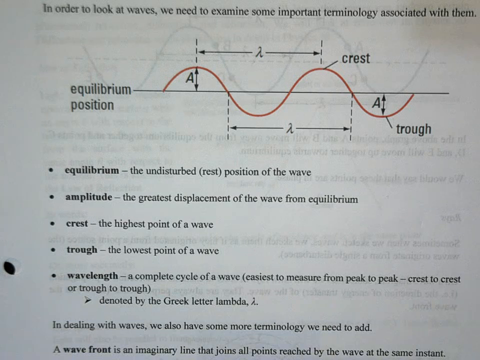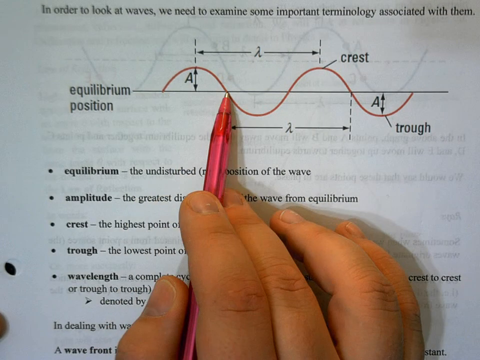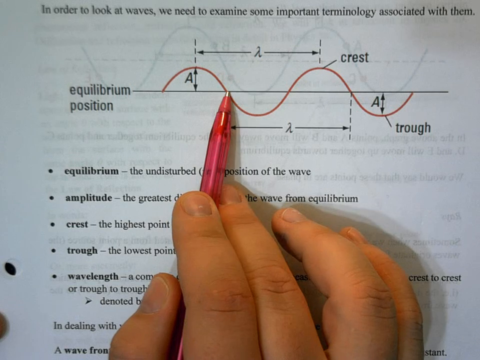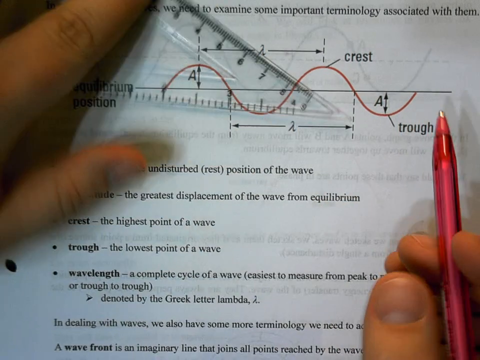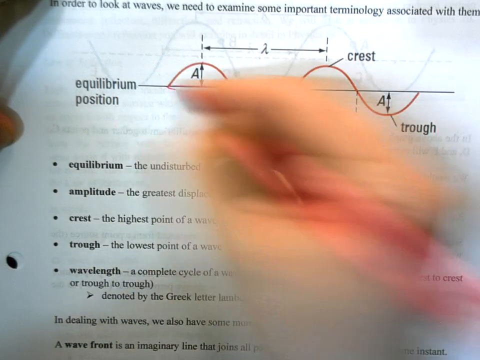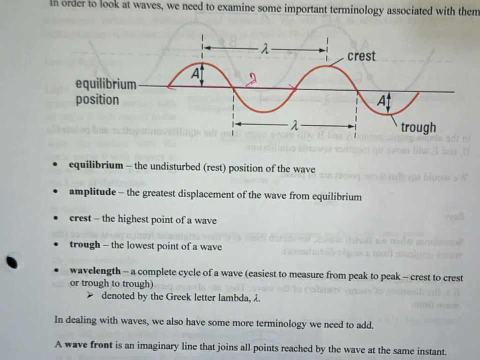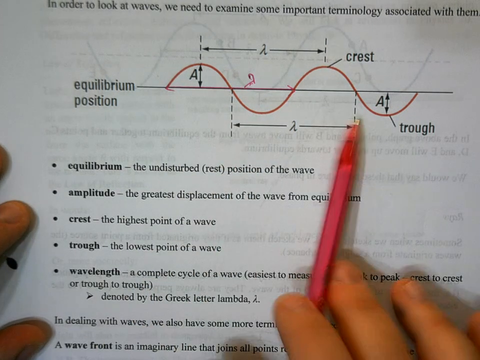That is my recommendation, because sometimes people go from one equilibrium to the next equilibrium point, but from here to here, that's not a complete cycle, because we have to do a whole up and then a down. So this distance here would be my wavelength. I would always say, if you're trying to calculate wavelength, go from crest to crest or trough to trough.